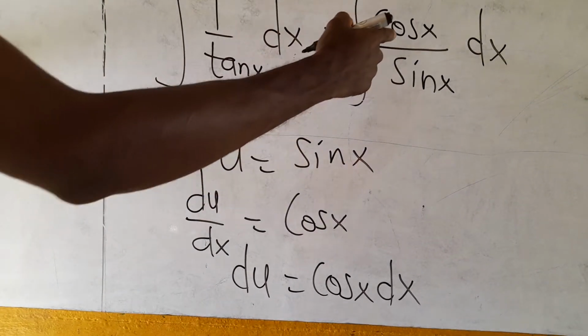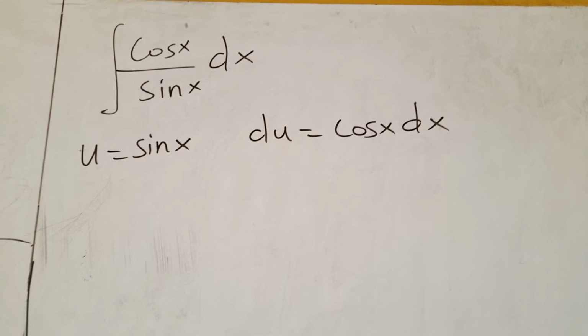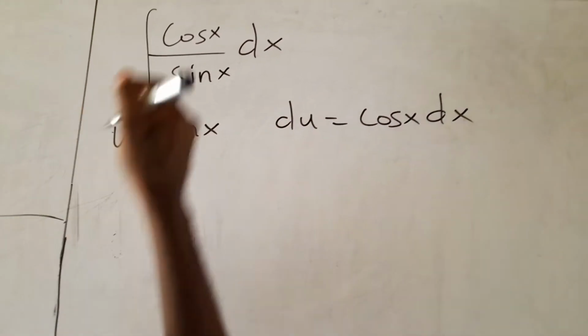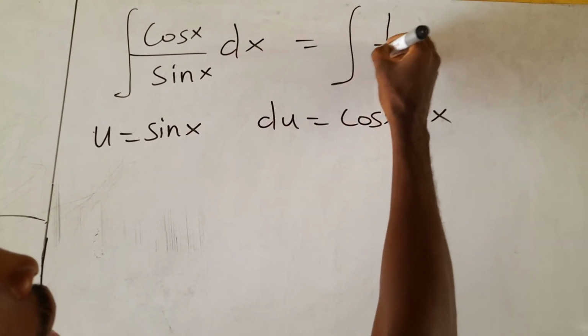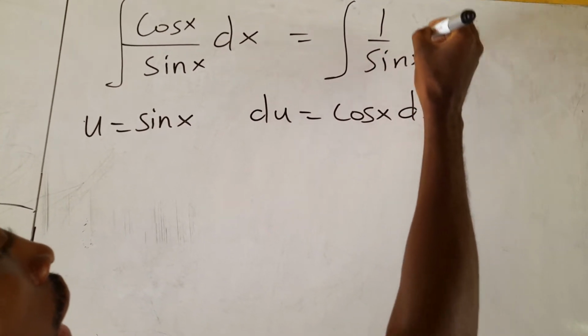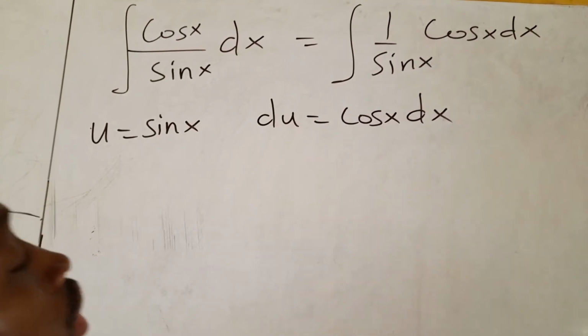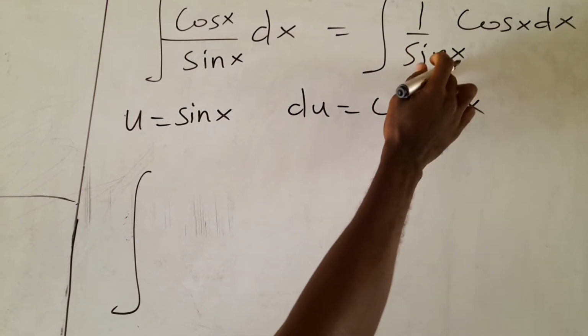Now we can rewrite this, then we substitute the necessary values. So we know u to be sin x and du to be cos x dx. We can rewrite this function as the integral of 1 over sin x times cos x dx.